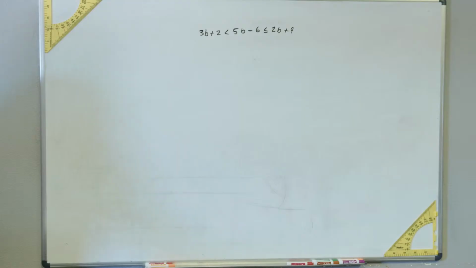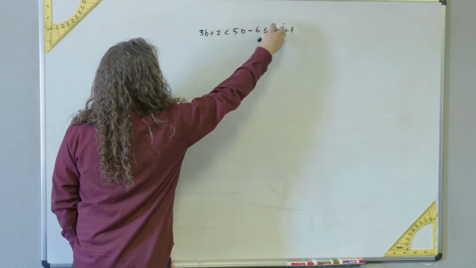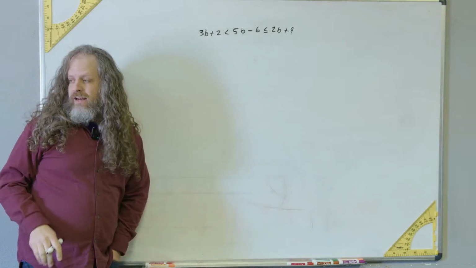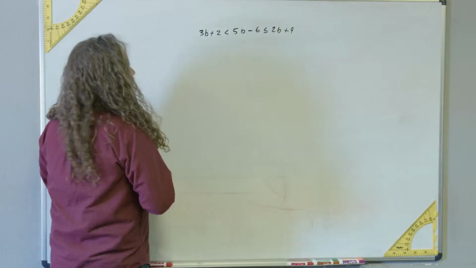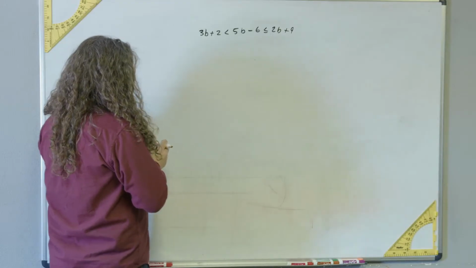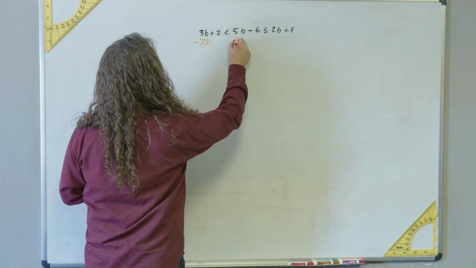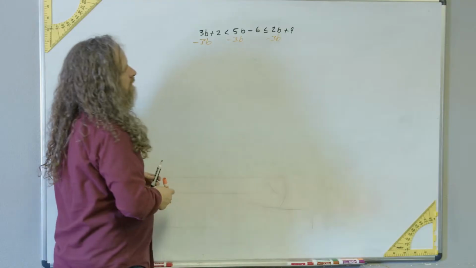Not 3 from the b, but we can't, so we do need this b to go over here and this b to go over here. And you would move it by subtracting, so you're kind of half right, right? So we could subtract 3b from all 3 sides. Right?